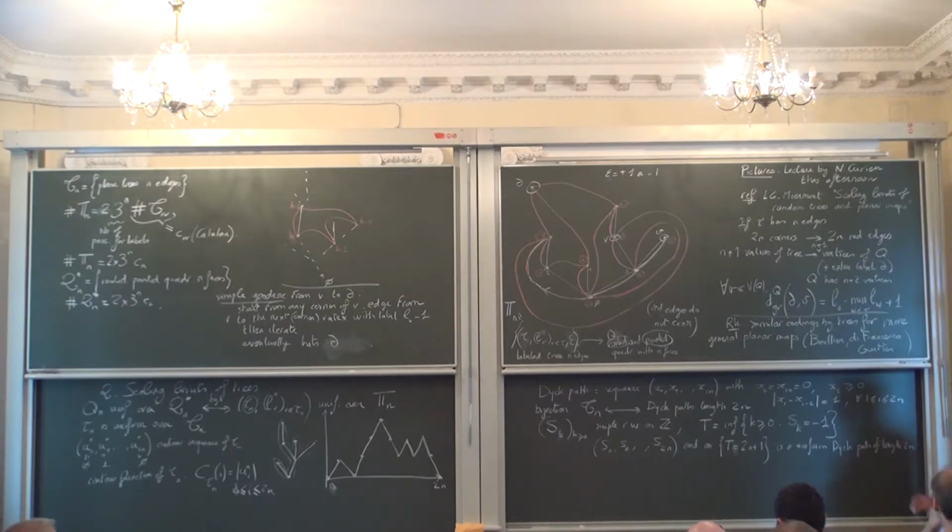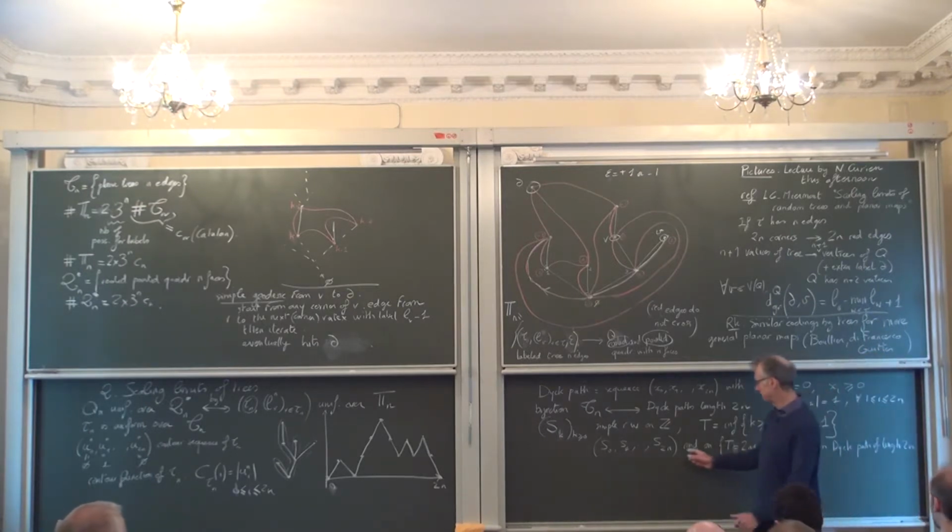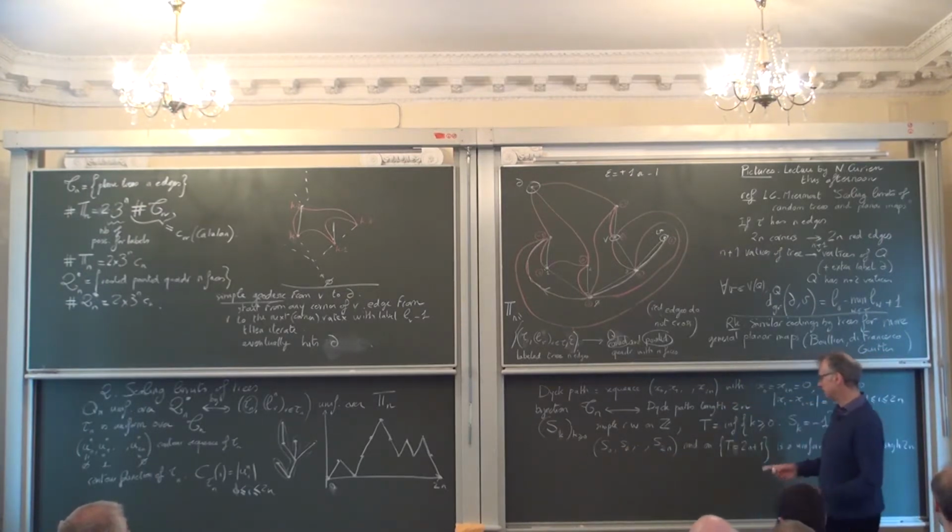It's more or less obvious. You can just compute the probability of any possibility. It's just the same probability, because you always have +1 or -1 with probability 1/2 at each step.